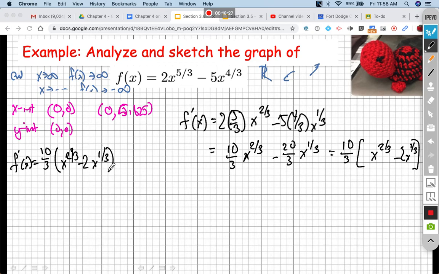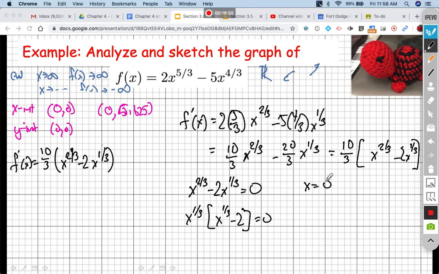Okay, I want to look for possible critical points. So for my critical points, I'm going to set this equal to 0. So I really have x to the 2/3 minus 2x to the 1/3 has to equal 0. Or x to the 1/3 times x to the 1/3 minus 2 has to equal 0.